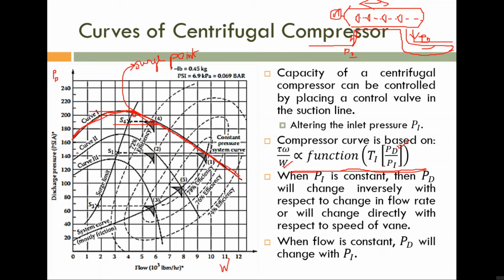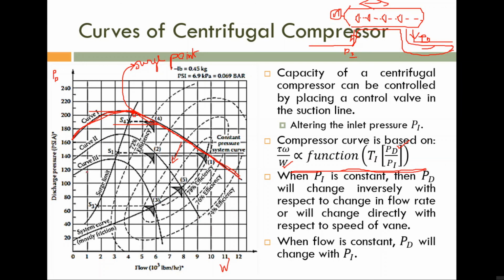What about curve 2? I told you if Pi is constant, PD is proportional to W. So curve 2 means if you are varying Pi, what will happen? If you are decreasing Pi, definitely PD will decrease. So this PD shifts downward if you are varying Pi. So curve 1, curve 2, curve 3 are the discharge pressure or compressor curves with respect to different Pi.